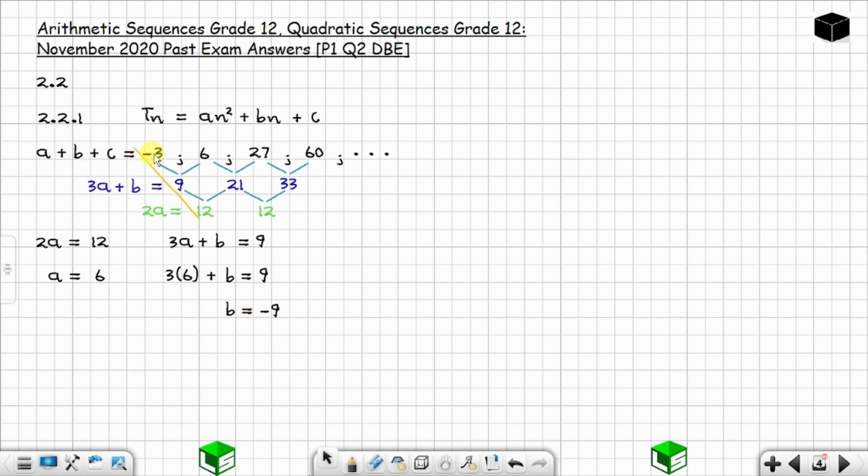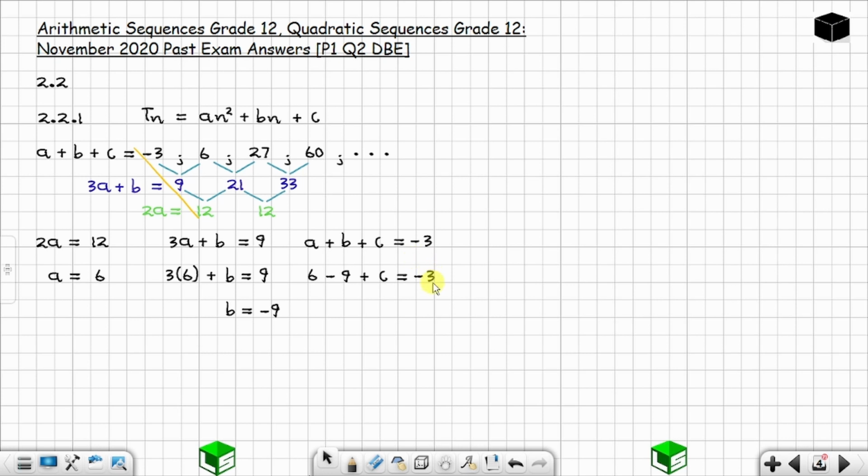And you go on to this one, which has got 3 unknowns. You have A plus B plus C is equal to -3. You know your A is 6, and your B is -9. So you have 6 minus 9, which is -3, plus C is equal to -3.